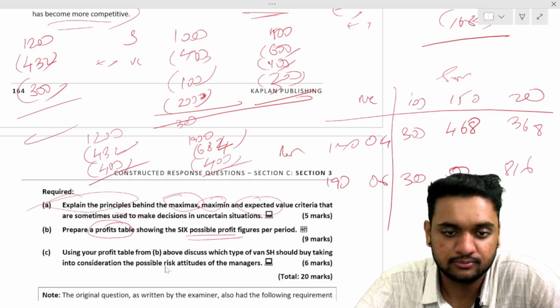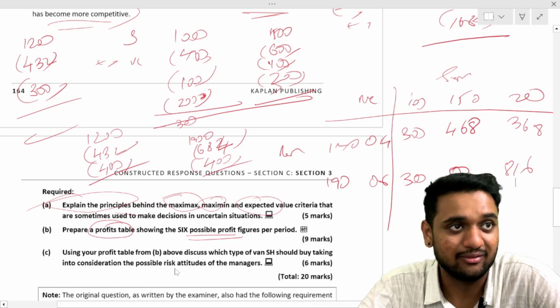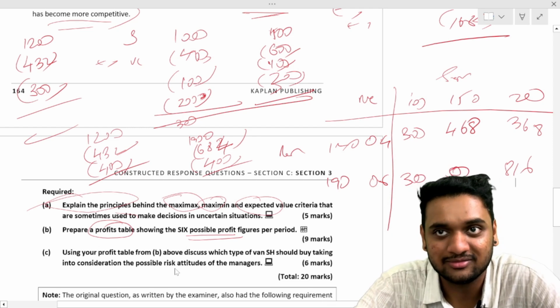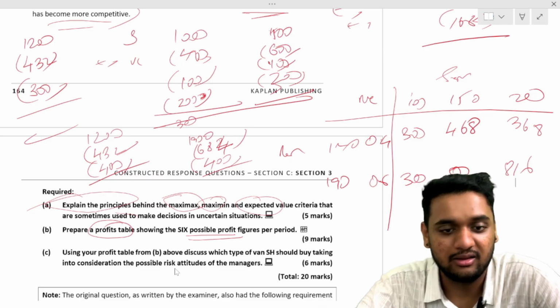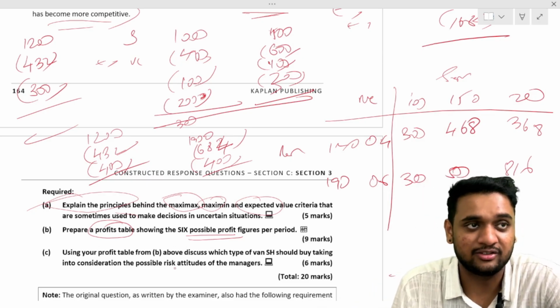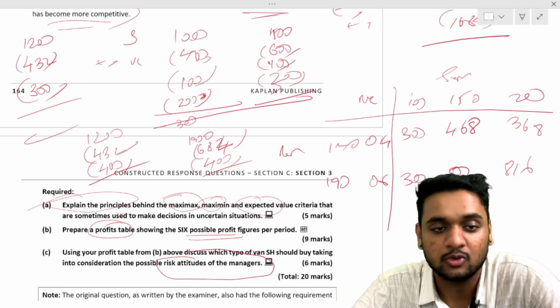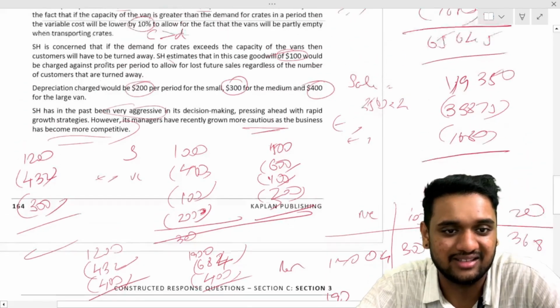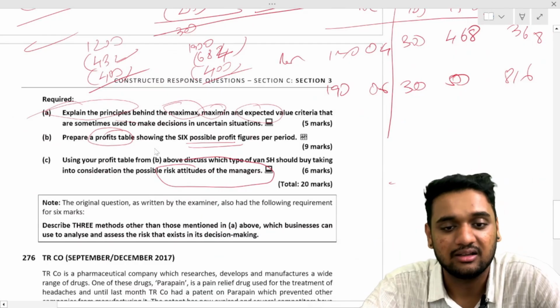Possible risk attitudes of managers. Different attitudes are there. One manager is a risk-averse person, one manager is an aggressive person. Aggressive means maximax.